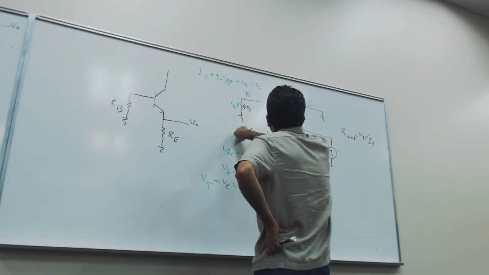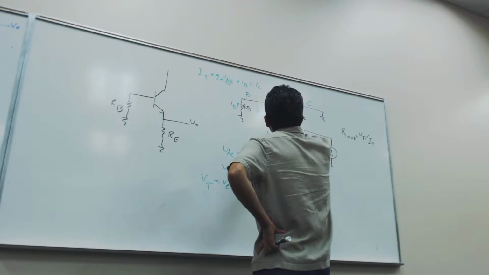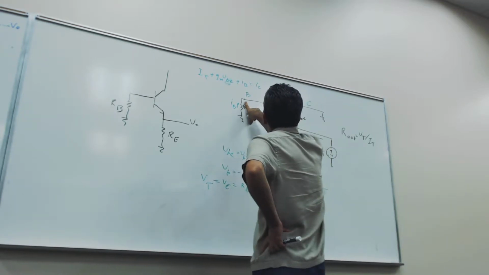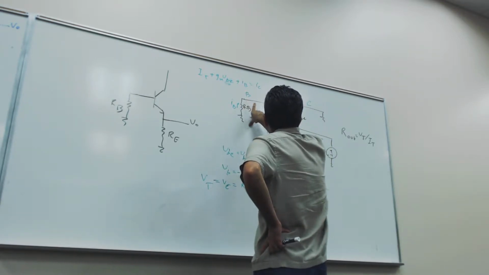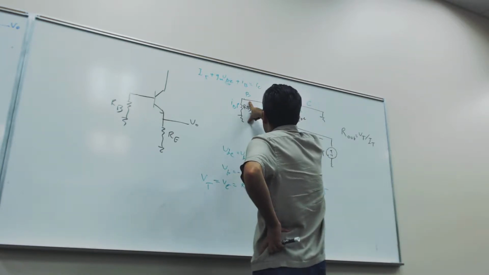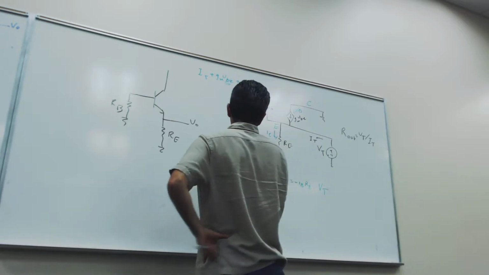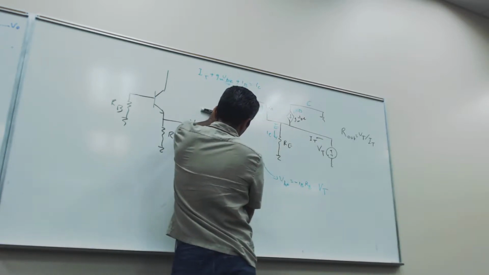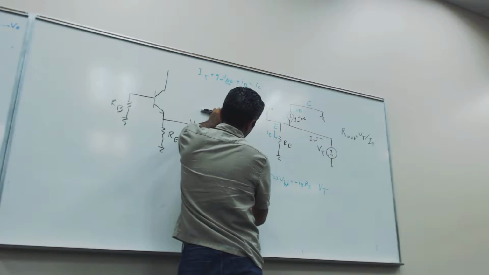Your VE is VT, so 0 minus VT. Why are you saying 0? Because we're looking at ground, and we're going over the RB. Now I'm fine. So IB is equal to 0 minus VB divided by RB.